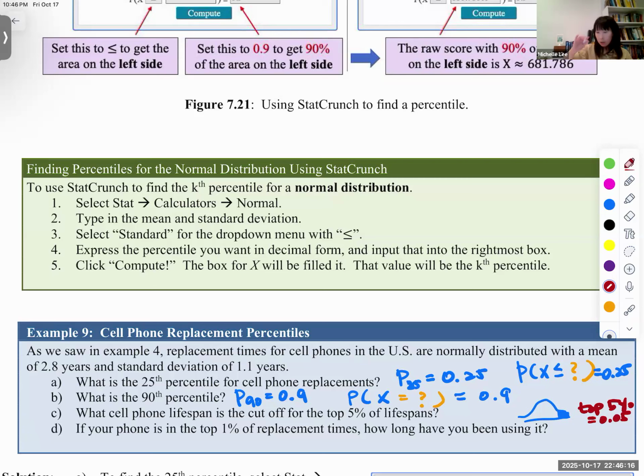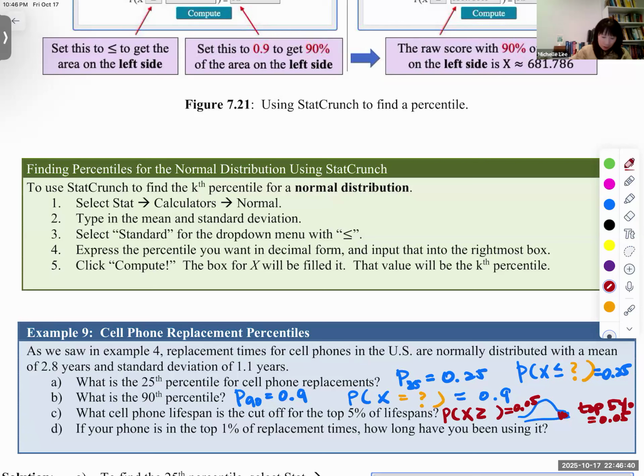It's the top. Can you see that? The right tail. So we're using this inequality: X is greater than or equal to, and the probability is 0.05. Make sense? Because it's the right tail here.